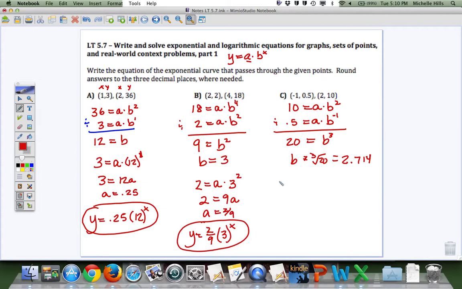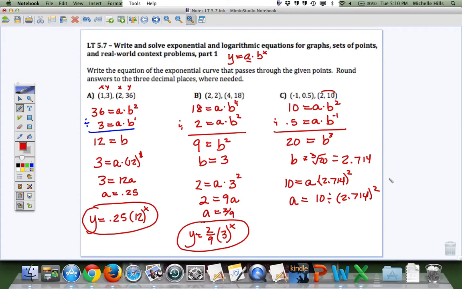Normally I don't round in the middle, but some of these problems are going to get so complex later that we are just going to use the rounded b here. So I'm going to use this point because it looks easier. y equals the a I'm looking for, that vertical shrink or stretch, times b, which is 2.714, to the x power. Now I'm not going to square this and get another rounded number. I'm going to say to find a, I would have to take 10 and divide it by 2.714 squared.